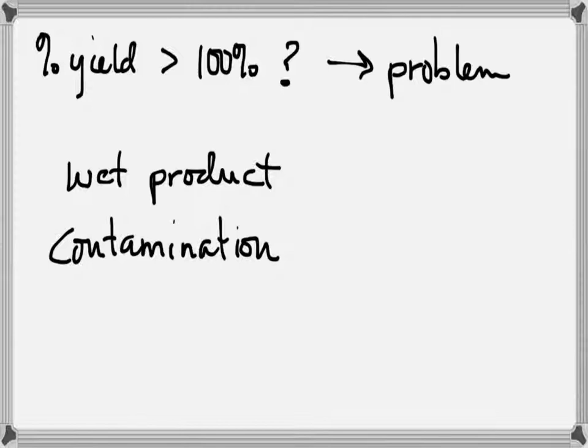And that also will make the mass of the actual product appear to be more than it really is and give us a greater percent yield. Another thing with contamination is something could actually fall in to your product. Doesn't happen very often, but it can happen. So anytime you have a percent yield over 100, there's some sort of a problem.